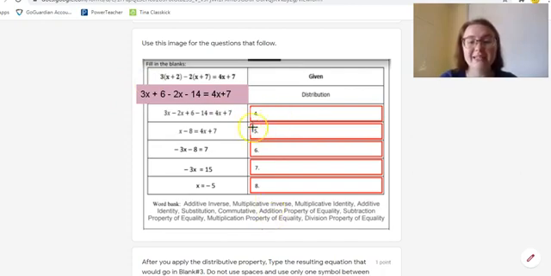Alright, now we get into actually doing the justifications. Like I said in my properties of inequality video, when we're justifying, we're just asking ourselves, what looks different in this step compared to what I had before? So, what looks different? What changed? Well, looking on the right-hand side, I have 4x plus 7. That looks exactly the same. I have 3x.